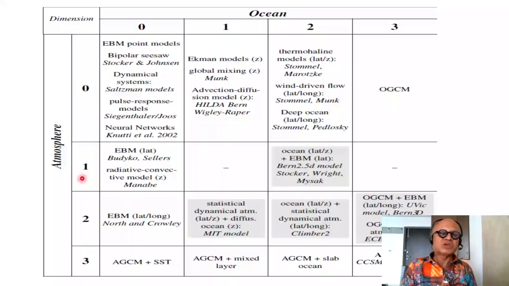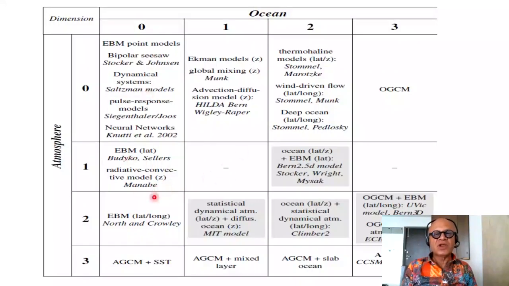If you go to a one-dimensional atmosphere, you can get energy balance models, which can be like zonally averaged latitudinal diffusion models, and radiative convective models, so they do vertical balance as well, one-dimensional. Ocean is kept zero-dimensional.